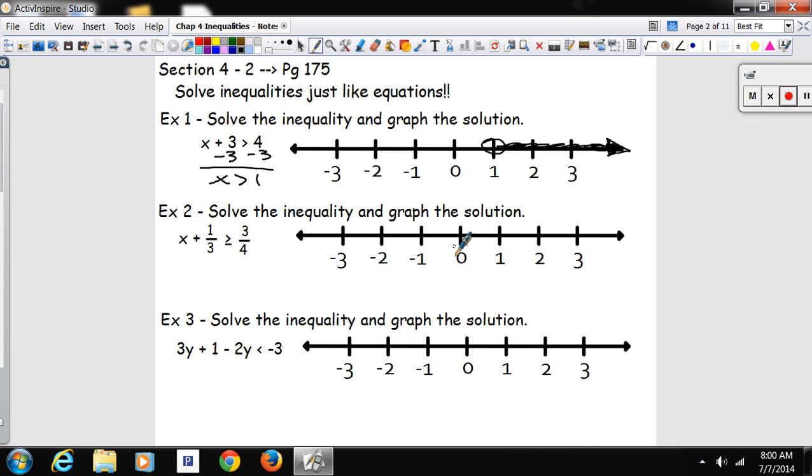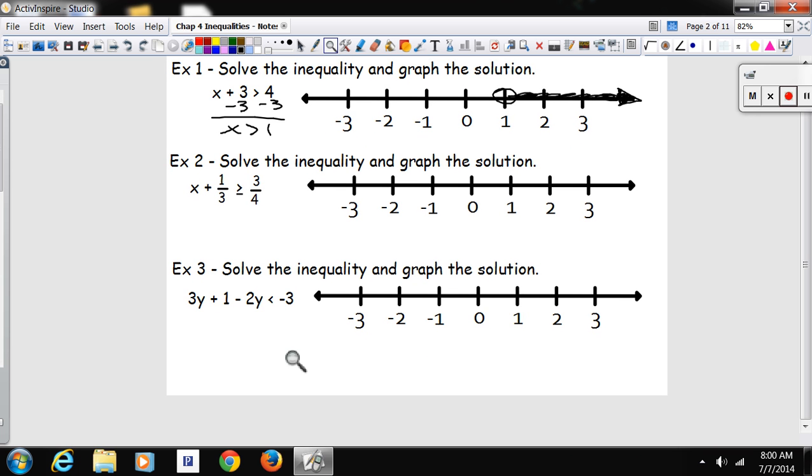Now when you have fractions, we want to find a common denominator. Something that 3 and 4 could go into that we could cross it out. What can 3 and 4 go into so that we could reduce those fractions? 12, because 3 times 4 is 12. So multiply everything by 12, all three terms. So you'll get 12x.